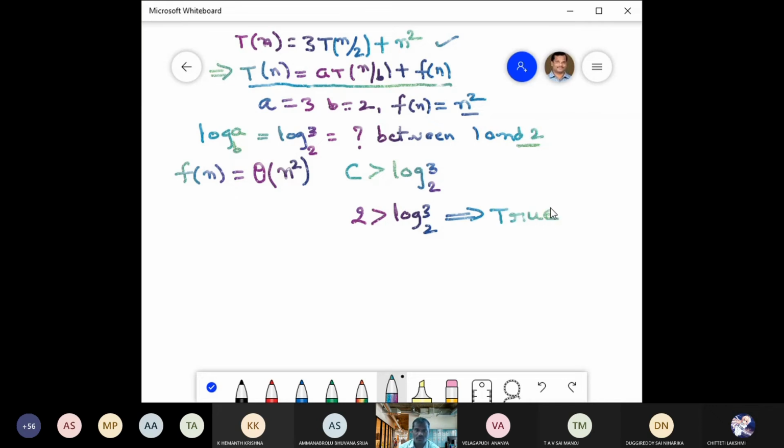So when it is true, what happens? Lakshmi, what is T of n then?